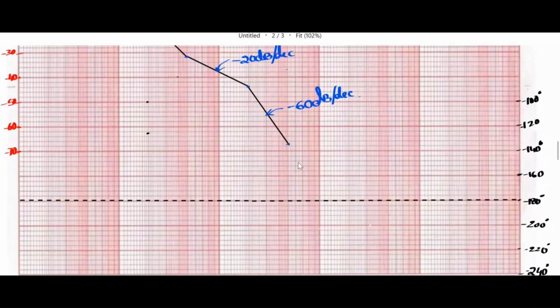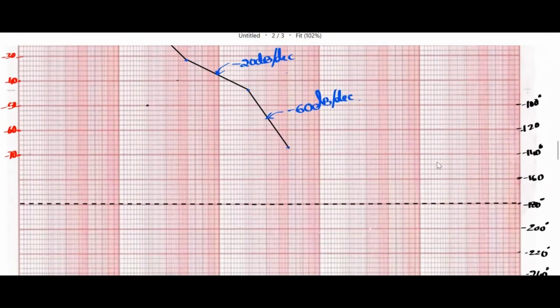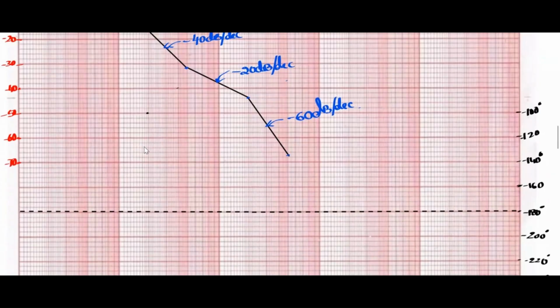So every division is of 4 units. The first value is 122.37, so at 2 radians per second, 122 will be between 120 and 124. So I think it will come somewhere at this point. Okay, sorry, it comes somewhere at this particular point.